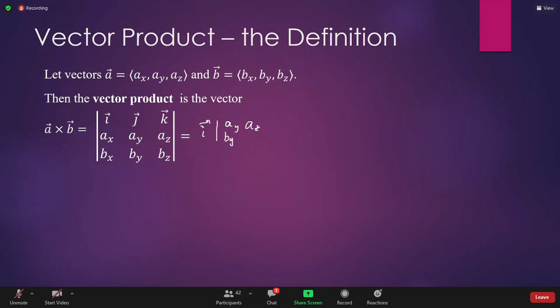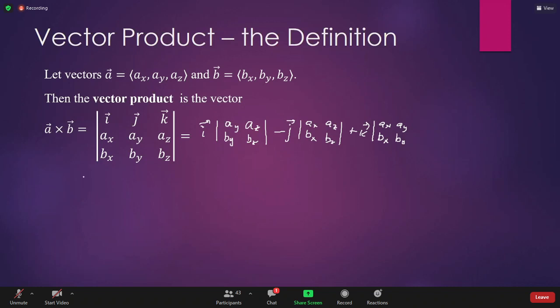Now remember we had a minus: the base unit vector j is in the minus position for the determinant, and here we have the minor ax, az, bx, bz, and we have plus the vector k times its minor, which is ax, ay, bx, by. This is a bit long to remember, of course.